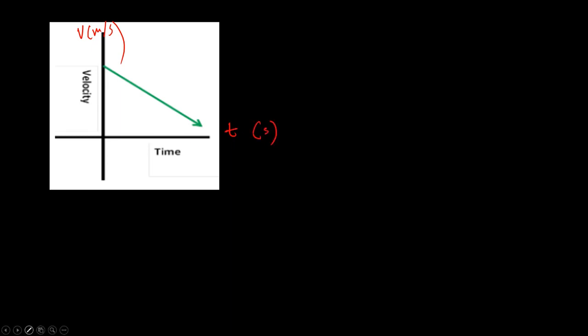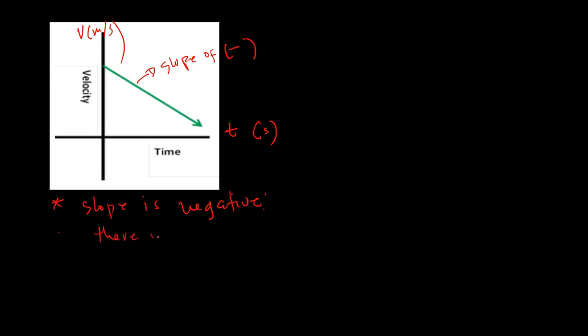So when you see this graph, this means that we have a negative slope. When the slope is negative, there will be a deceleration.